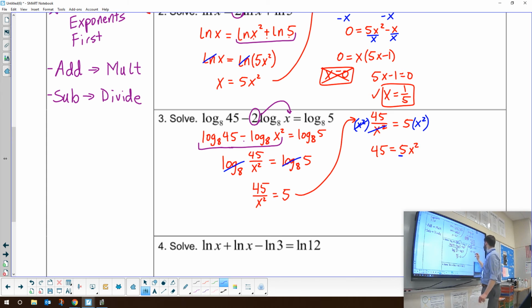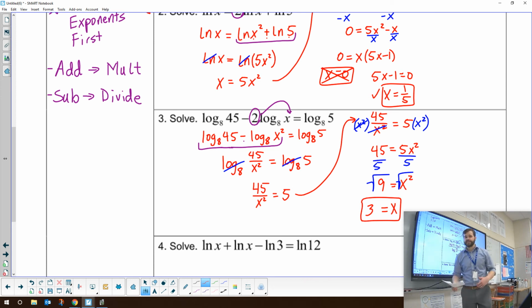Then I'm going to divide both sides by 5, and that's going to give me x squared equals 45 divided by 5, which is 9. Then, last step to solve, we're going to square root both sides. The square root of 9 is plus or minus 3, but we only care about the positive one because that's going to be my answer. Okay, so my answer is x equals 3.